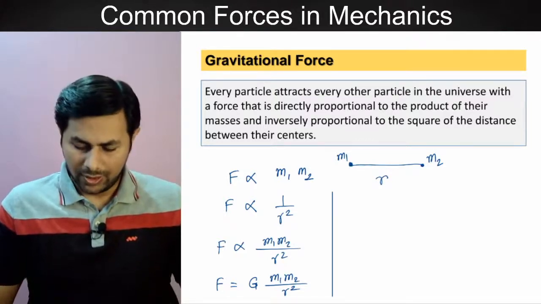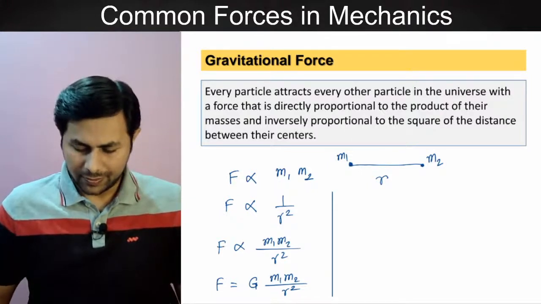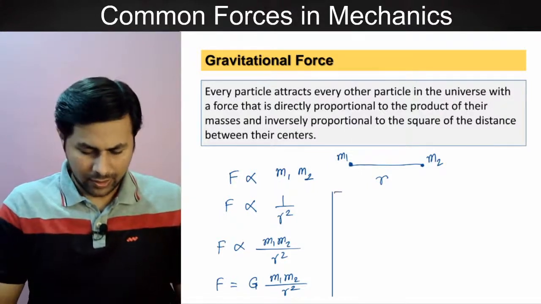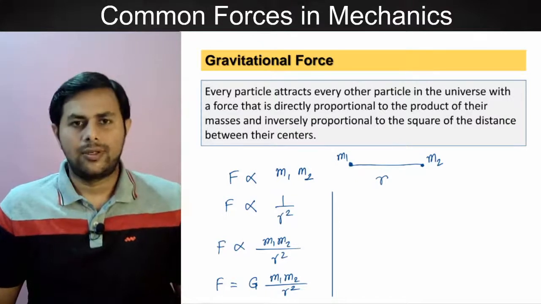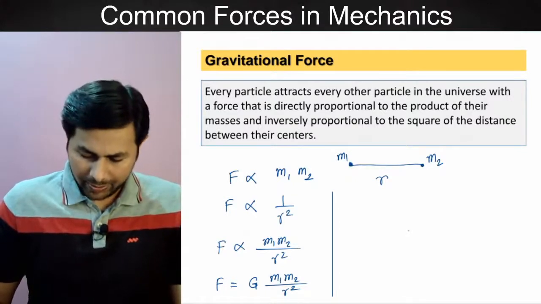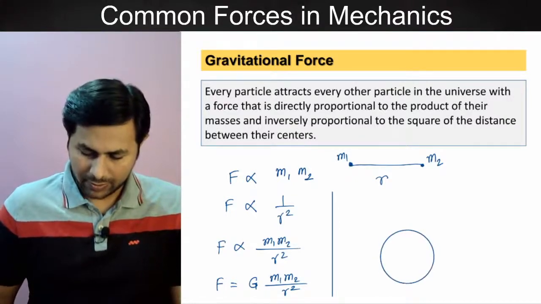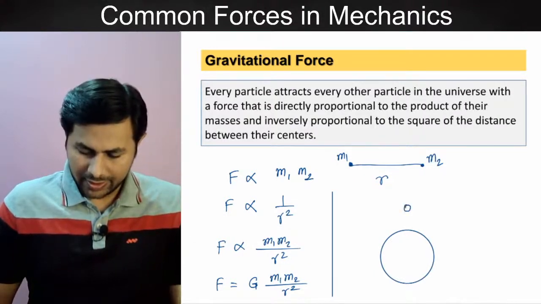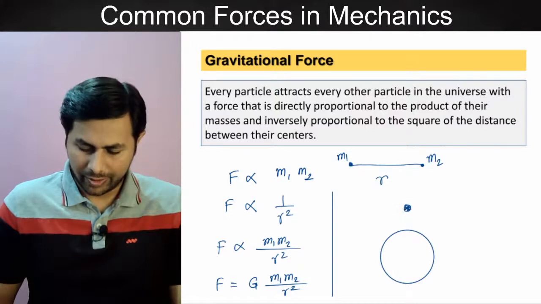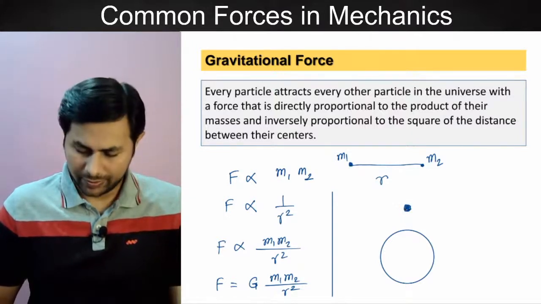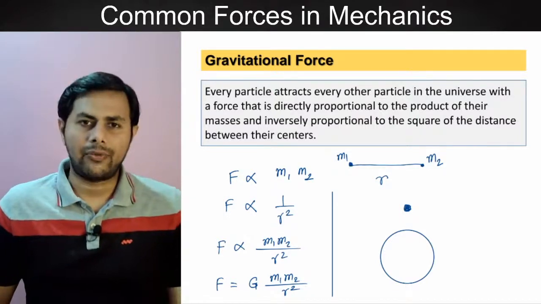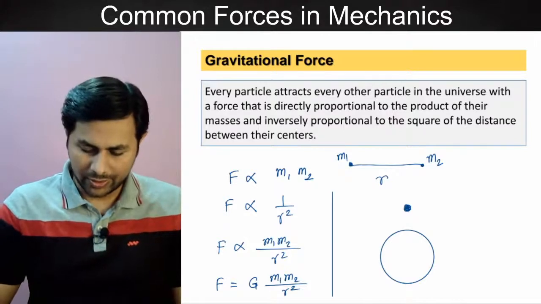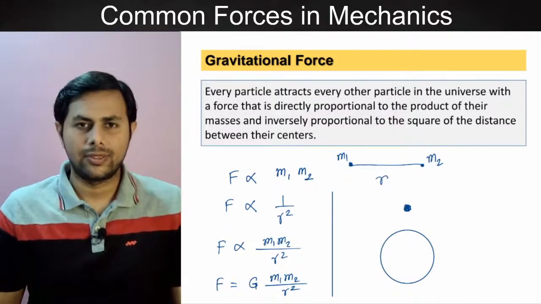Okay, so now let's suppose this is Earth and this is any body. Let's suppose this is a stone. So how do we write the gravitational force acting on this stone due to Earth?